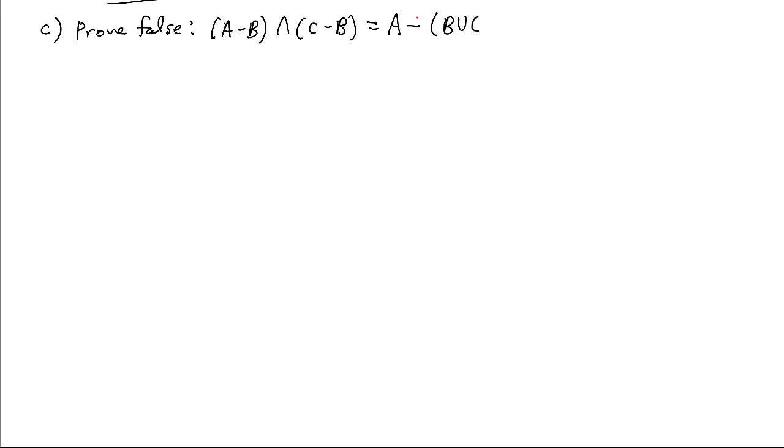Part C says that it wants us to prove false the following: that A minus B intersect C minus B is equal to A minus B union C. I'm going to call this the left-hand side and this the right-hand side, and I'm going to draw Venn diagrams that I can fill in.